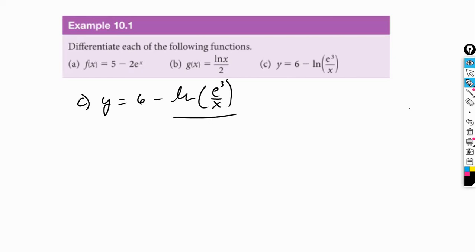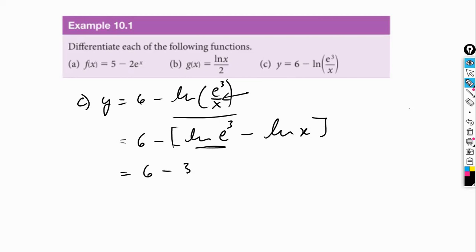Remember that rule where you can rewrite this as 6 minus, and I'm going to use a parenthesis here, natural logarithm of Euler's number to the 3 minus, remember that we can change a division into a subtraction of logarithms, so minus natural logarithm of x. And then this is going to equal 6 minus, and this is just 3, right? Because the natural logarithm of e to the power of 3 is just 3.